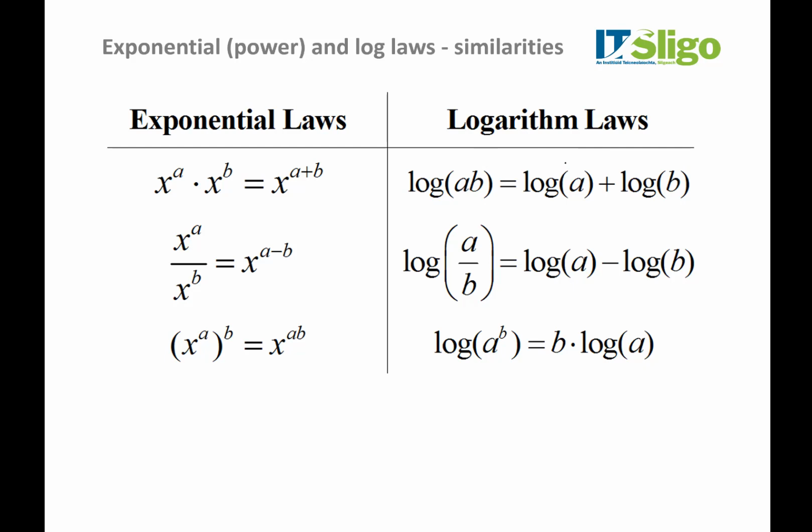But note in rule 1 and rule 2, there's no numbers in front of their logs. They're what I call clean logs. So often we have to use rule 3 first, that if we have a number in front of a log, we clean it up first using rule 3.